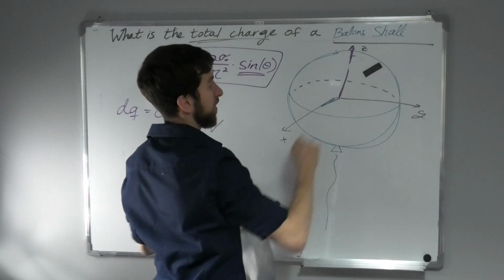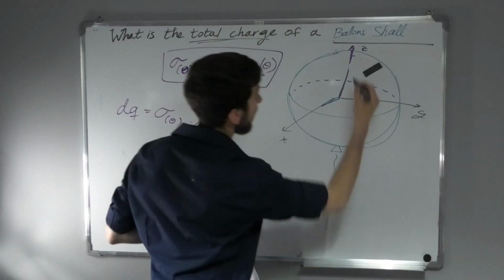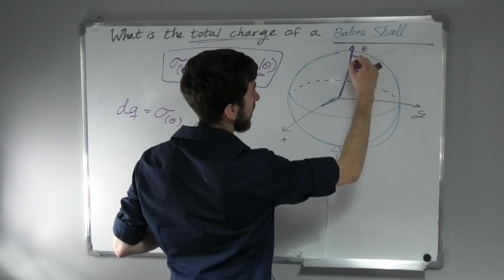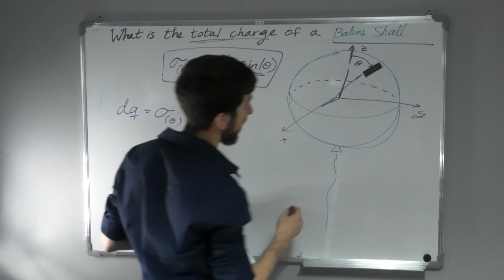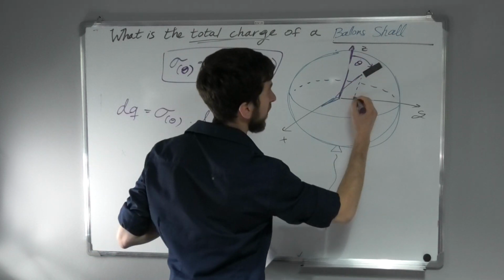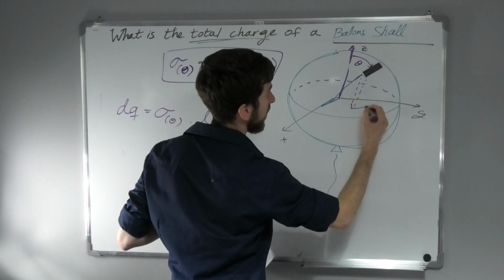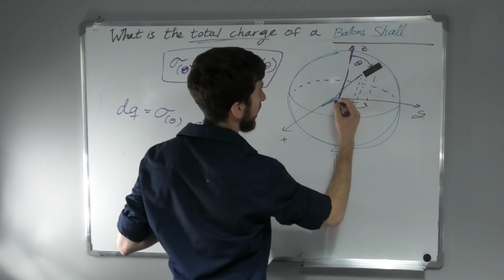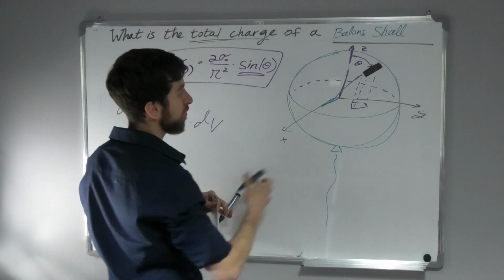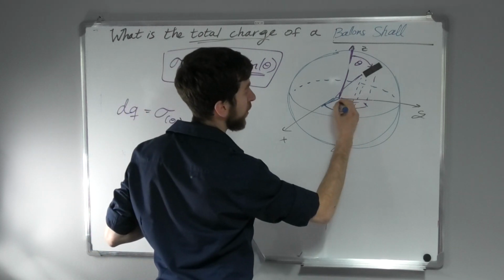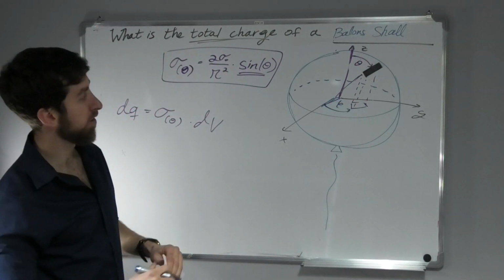This is theta, right? Here it is, and we also have phi. Phi is actually the angle that goes from here to the shadow of this part. This is phi.